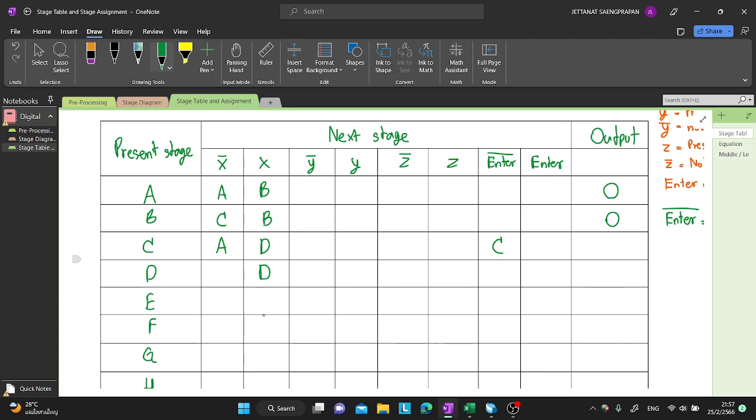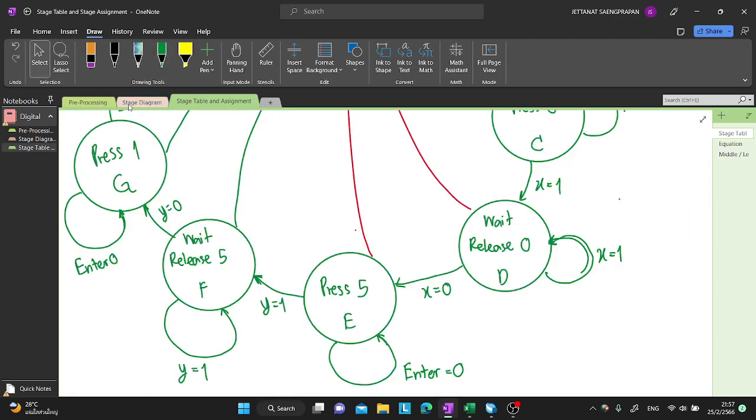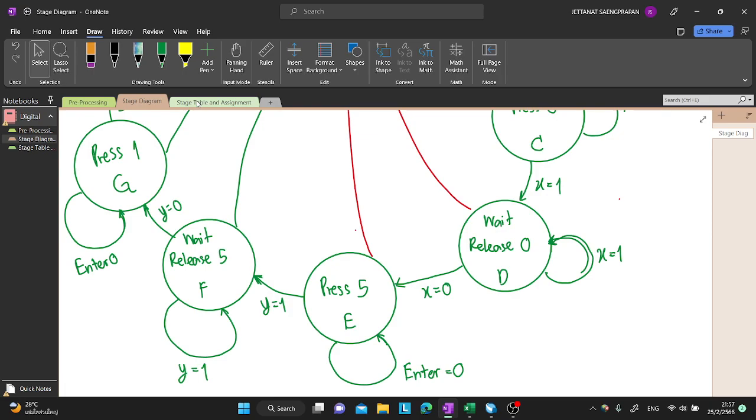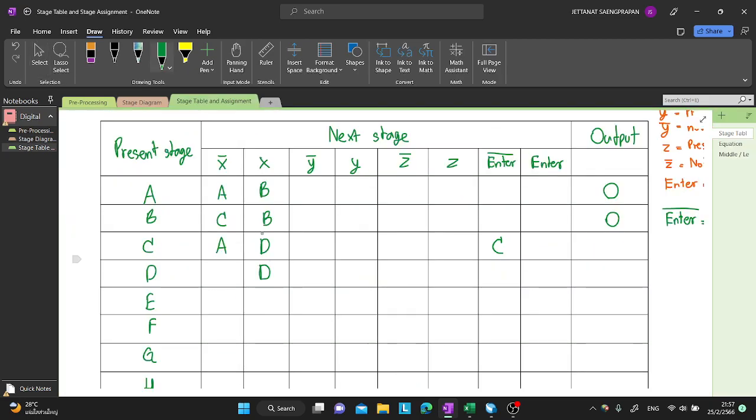And then when I release 0, which means X is 0, it goes to state E. Oh, I forgot to tell you something. The first LED shows at state C, because the first digit has just been registered.